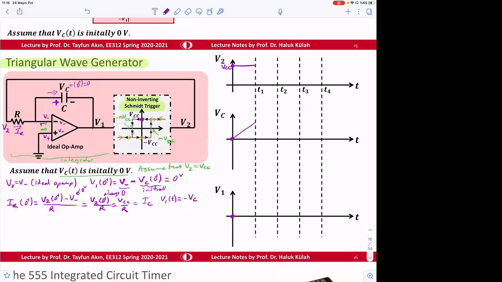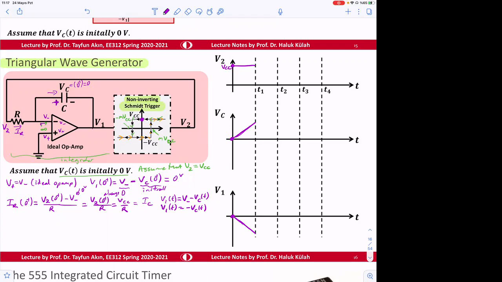So therefore, maybe I should write it more formally here. V minus VC of t, which is equal to V1 of t, is equal to minus VC of t. So therefore, when the signal goes up here, this will be going down, V1. So V1 becomes negative.